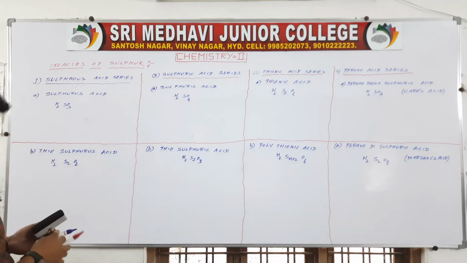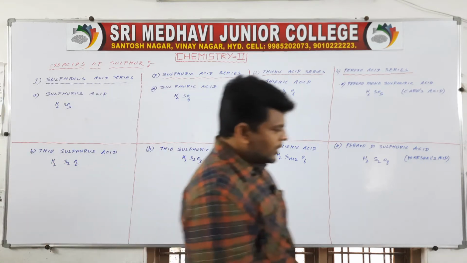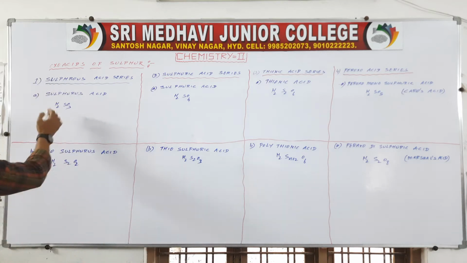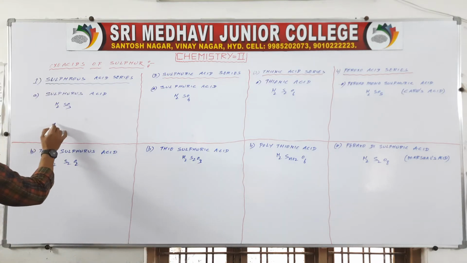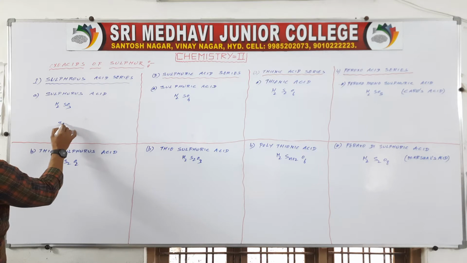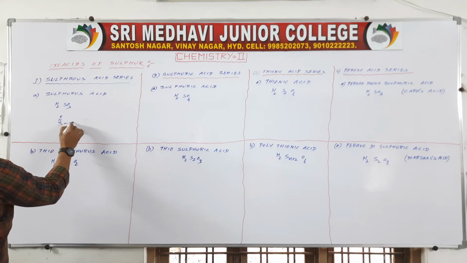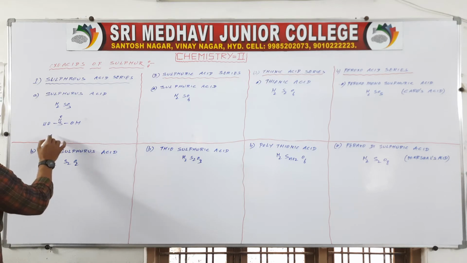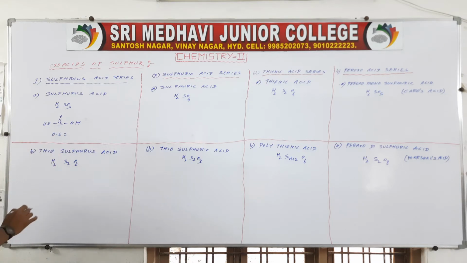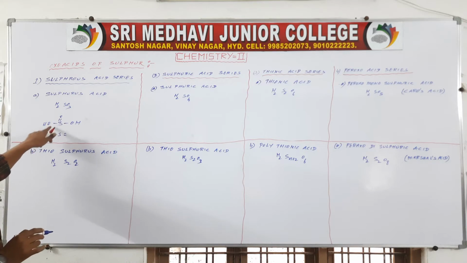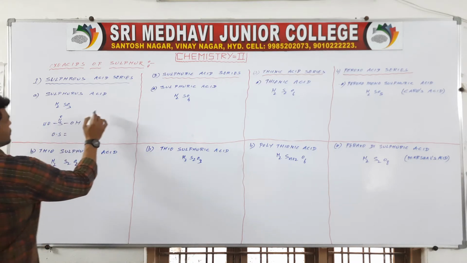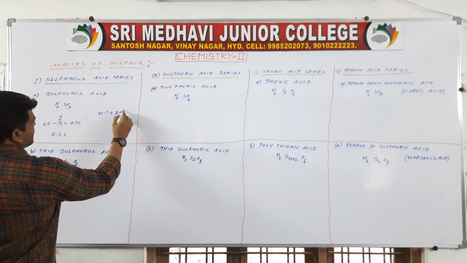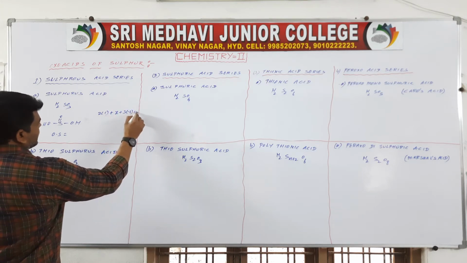Now you have to know its structure. Sulfur is the central atom, with a double bond to O, a single bond to OH, and a single bond to OH. Its oxidation state is X: 2 into 1 plus X plus 3 into minus 2 equals 0.